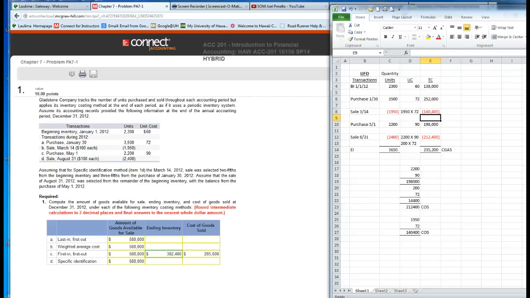And so if we were to add up our two cost of sale calculations, let's see, this one plus this one, that total is 352.8.